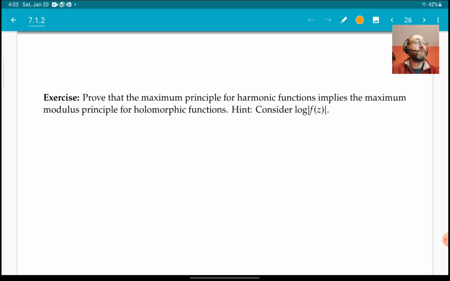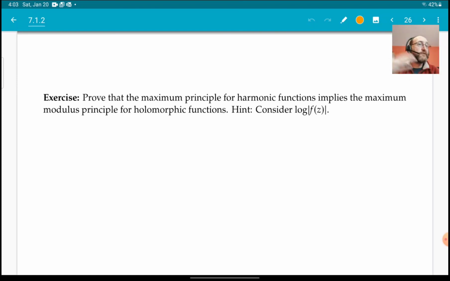It would be circular reasoning at this point, but there are ways to prove the maximum principle for harmonic functions without resorting to holomorphic functions. We'll see that in a bit. If you had that result, you could actually prove the maximum principle for holomorphic functions.